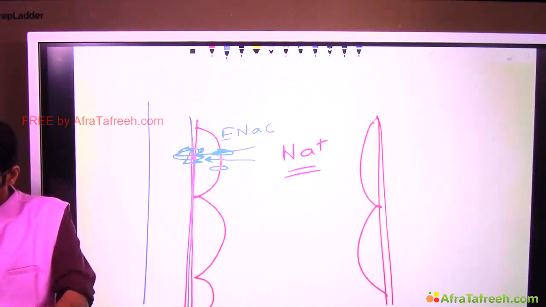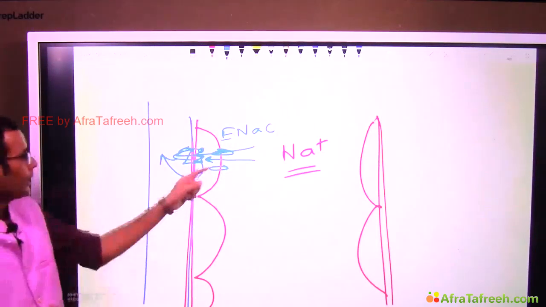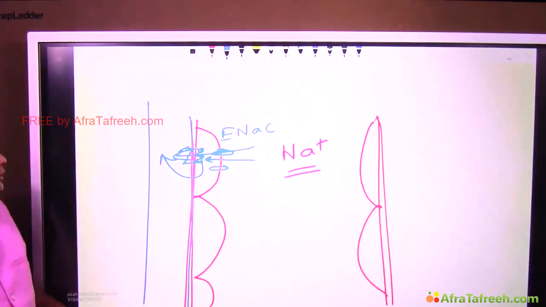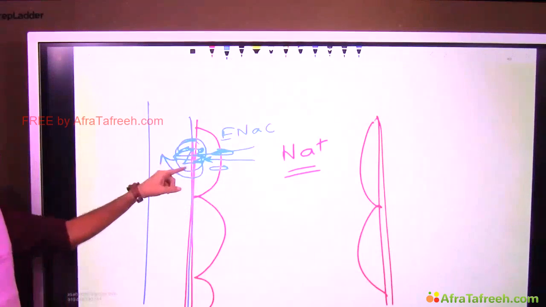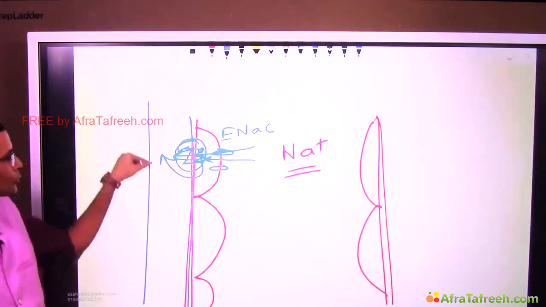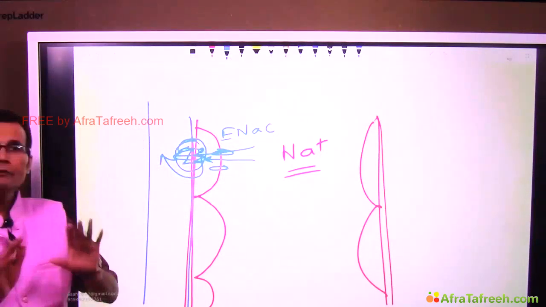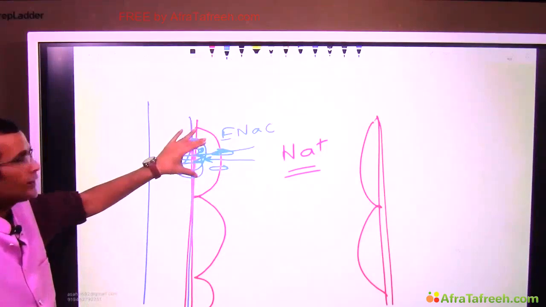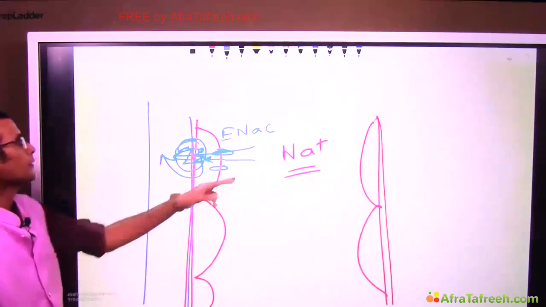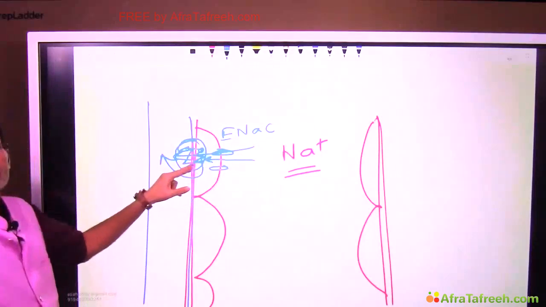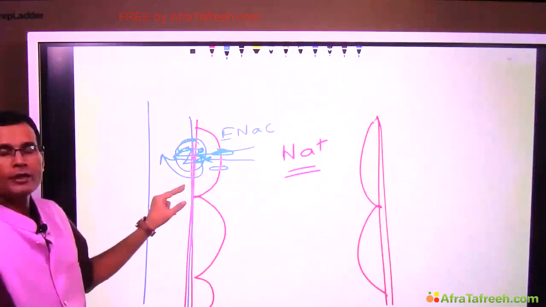What is the job of the sodium potassium pump? Remove the sodium from inside the cell and send it out. So this is the sodium potassium pump over here. It sends the sodium out. Therefore, the sodium concentration inside the cell will decrease, and because of that, the sodium will diffuse into the cell.